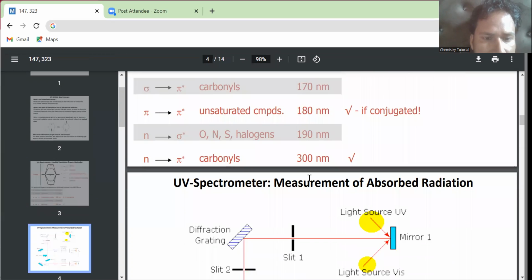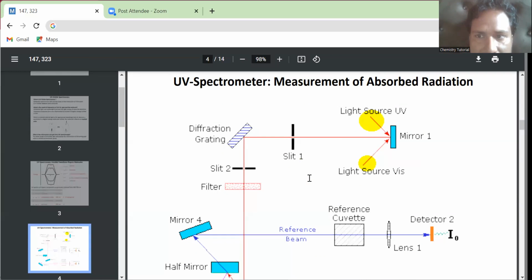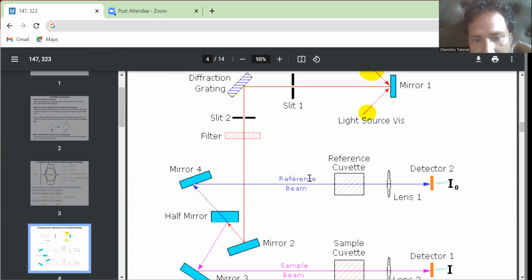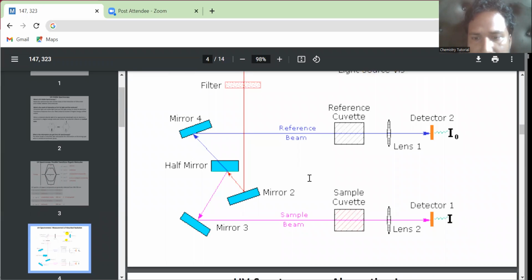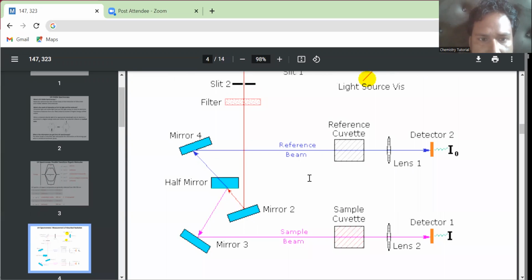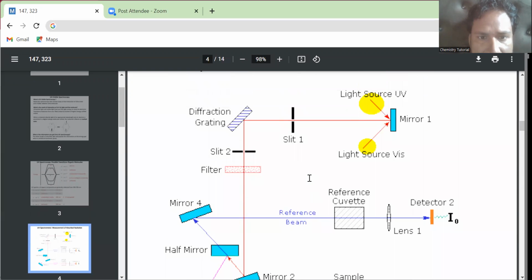For unsaturated compounds, pi to pi star transitions occur, and if the compounds are conjugated, a conjugation system will be present in the molecules. This figure represents the UV spectrometer measurement of observed radiation. Here you can see the sample cuvette, the mirrors present in the spectrophotometer, different gratings, and the UV light source.